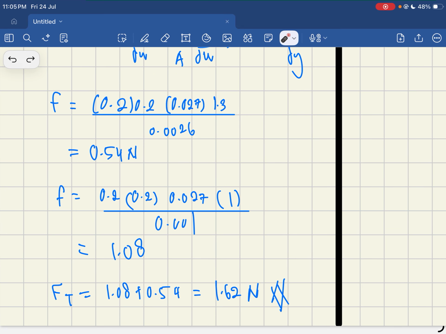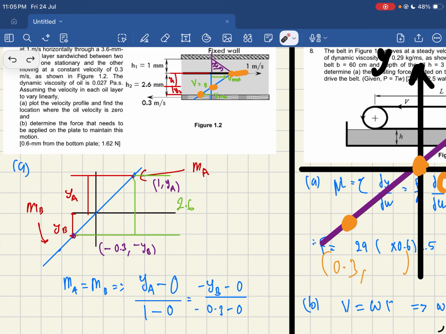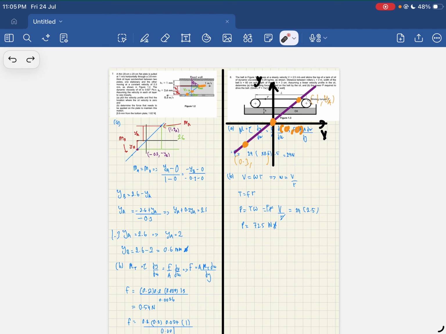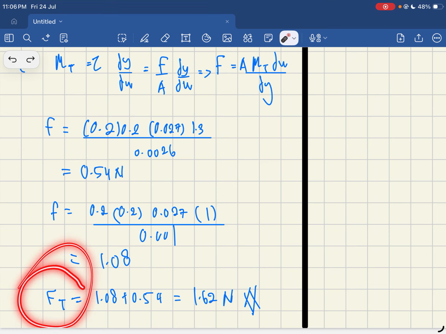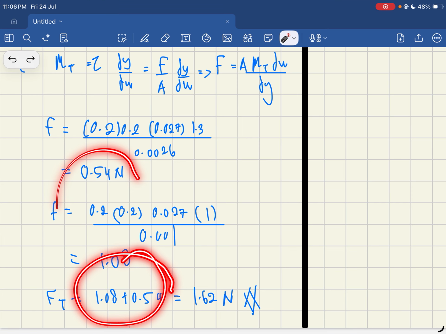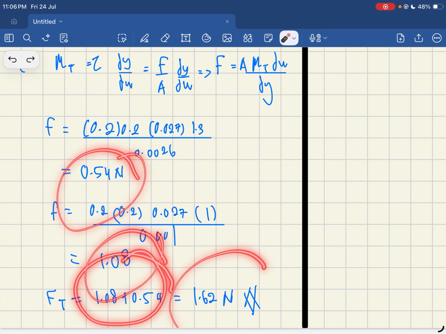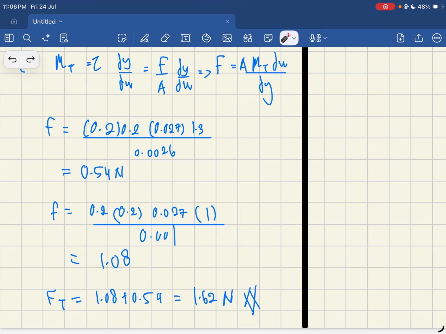And remember, the question asks to determine the force that needs to be applied on the plate. So it is the total shearing force. The total shearing force needs to sum up both of these forces, then you will get 1.62 Newton.